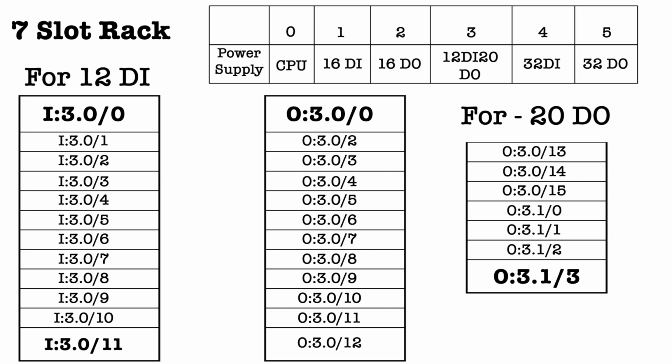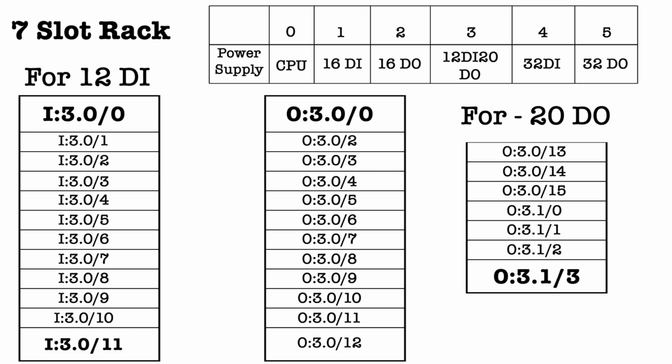By this we cover 16 digital inputs, and for the next 16 digital inputs of slot 4, we will take the second word. How will we address that? It will be I:4.1/0 to 1/15. So by taking the 2 words, we can cover the 32 digital input addressing for slot 4.